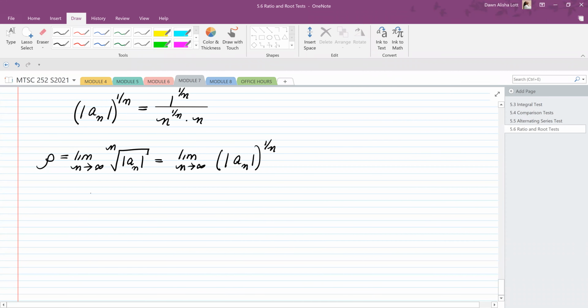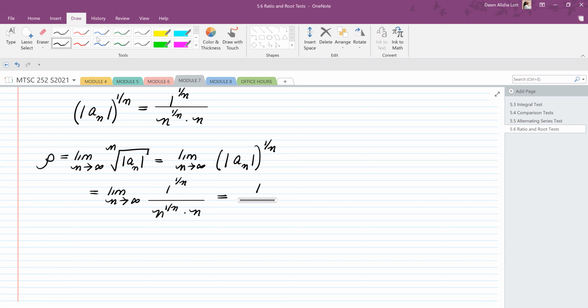So that's the limit of 1 to the 1 over n divided by n to the 1 over n times n. So 1 to the 1 over n goes to 1. n to the 1 over n goes to 1, and n goes to infinity. So this limit is 0, which is less than 1, so it converges.